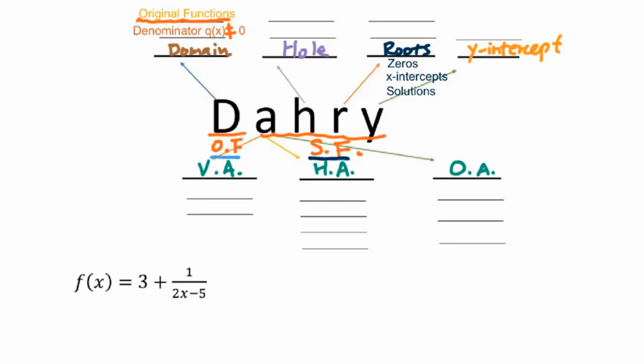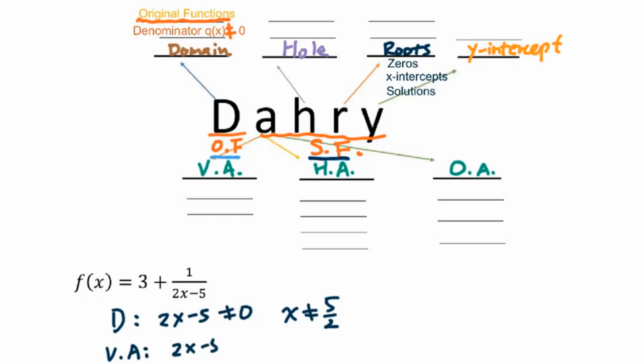For example, in this rational function there is no common factor to be reduced. Therefore, for the domain, you write down 2x minus 5 not equal to 0, so x not equal to 5 over 2. For the vertical asymptote line, you set 2x minus 5 equal to 0, then x equals 5 over 2.